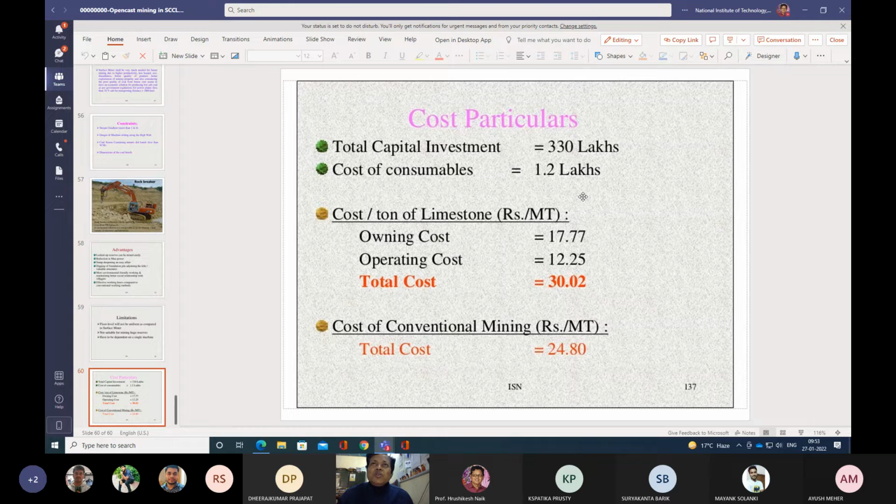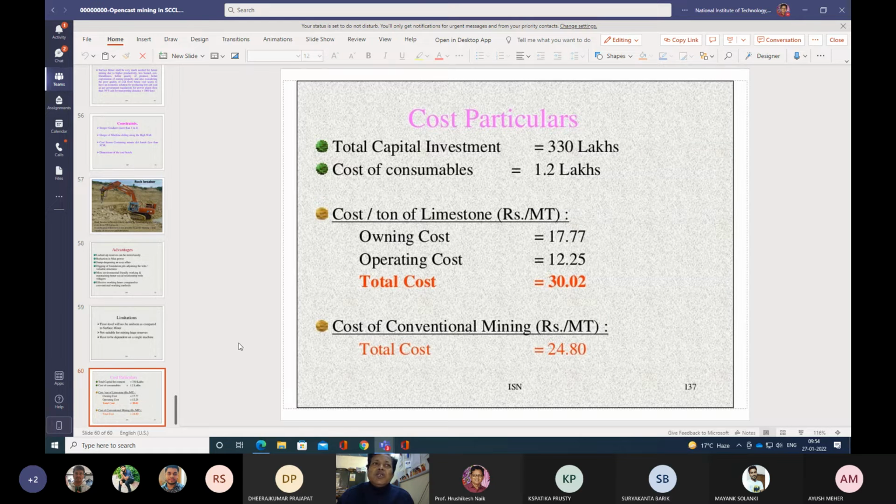Cost of consumables is 1.2 lakhs. Cost per ton of limestone, rupees per million ton. Owning cost 17.77. Operating cost 12.25. Total cost of mining is 30.02. So cost of conventional mining is 24.80.